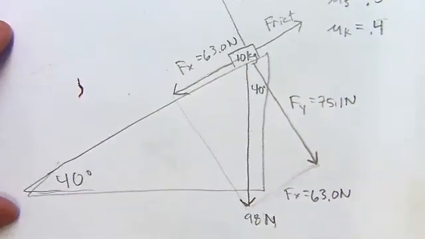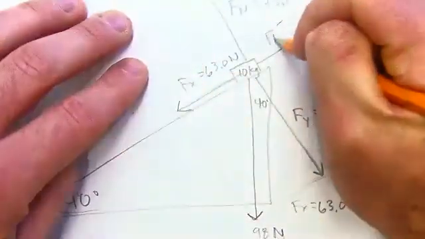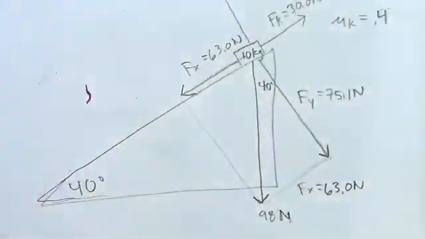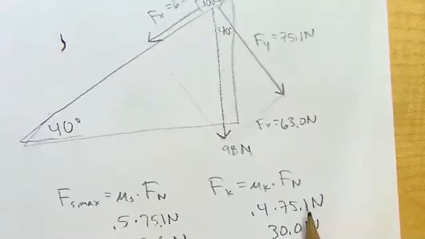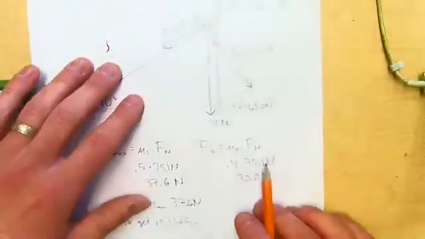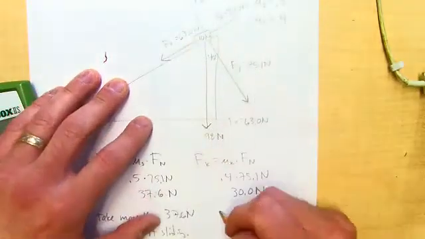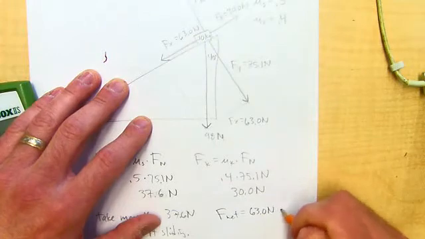So now how do we work with this 30? Let's just make this Fk equals 30.0 newtons. So now we can say, okay, how fast is this thing going to accelerate based on that? Well, the net force, if you think about it, you got 63 pulling this way, you got 30 pulling this way. So the net force is just going to be that 63 newtons minus the 30 newtons.